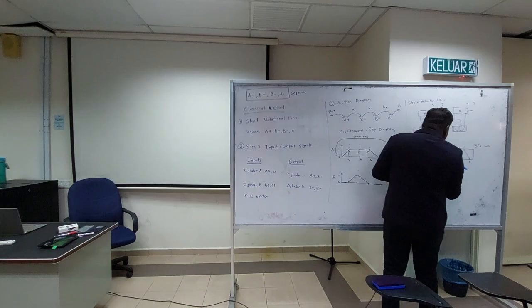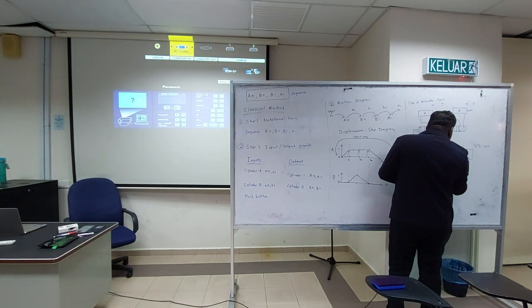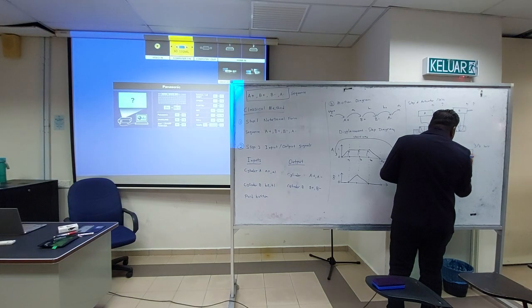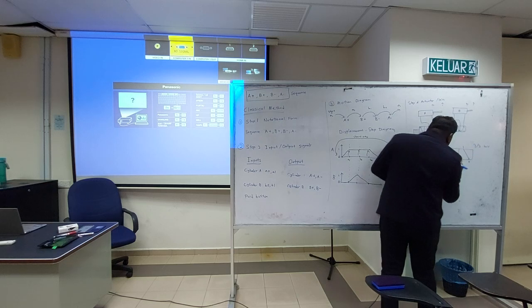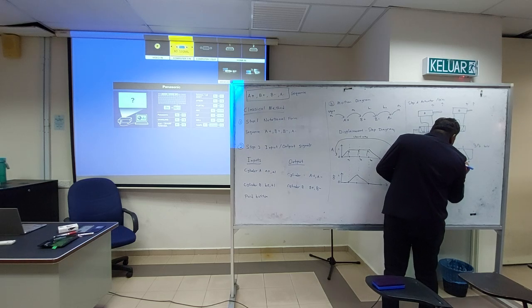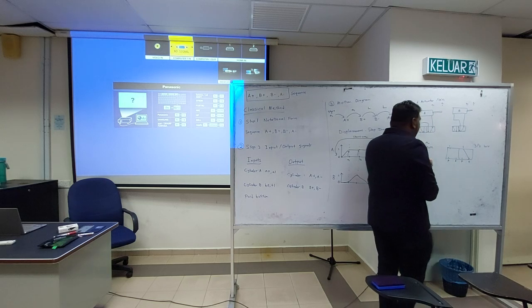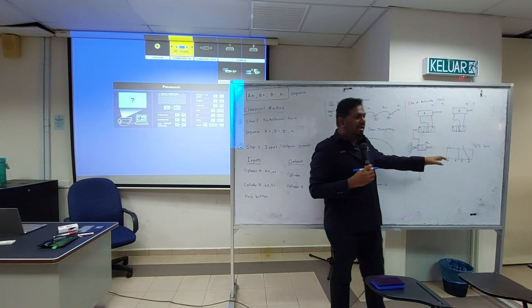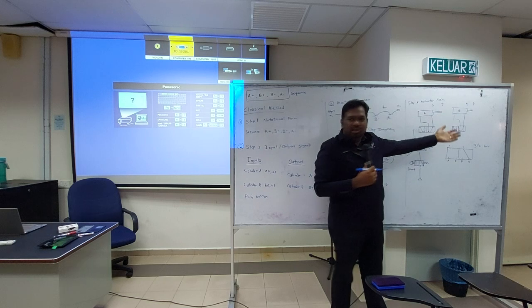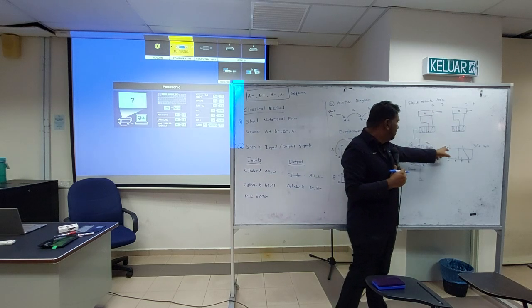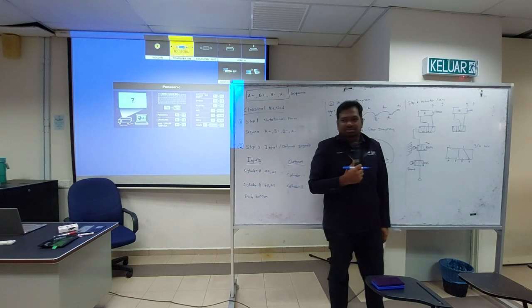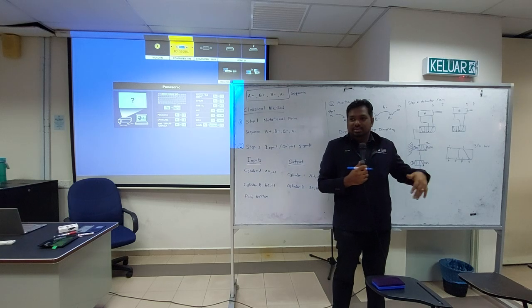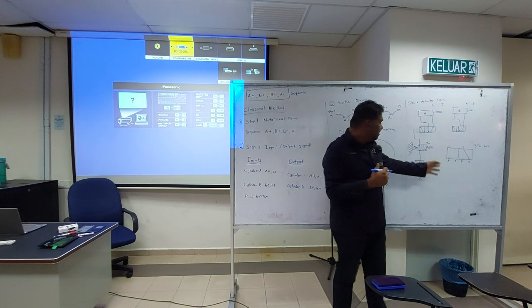There are three ports here. It will be the same: this is P, this is E, and this is the working port, meaning it gives the instruction to the next valve or actuators. So P is pressure, meaning it's coming from your compressor, and E is your exhaust. What does the exhaust usually do? It releases the compressed air from the valve.